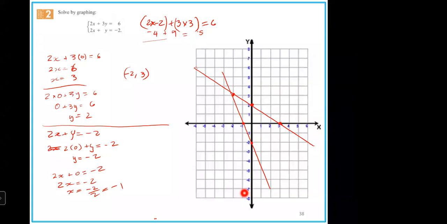And let's see what's happening with this other one. 2 times -2 plus 3 is supposed to give you -2. So 2 times that is -4 plus 3 is giving us -1. So we're off 1 in both cases.